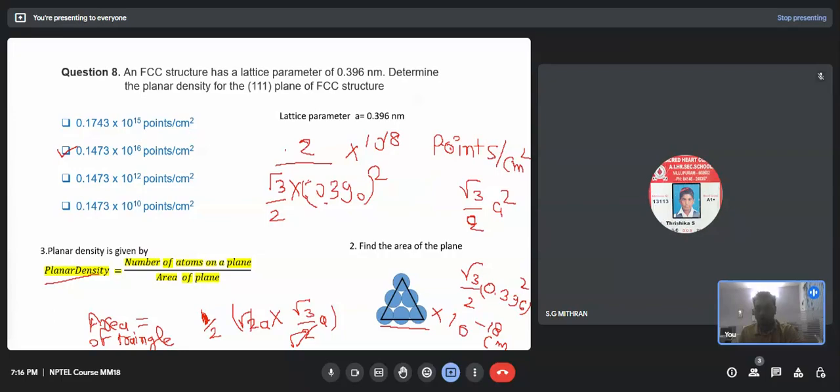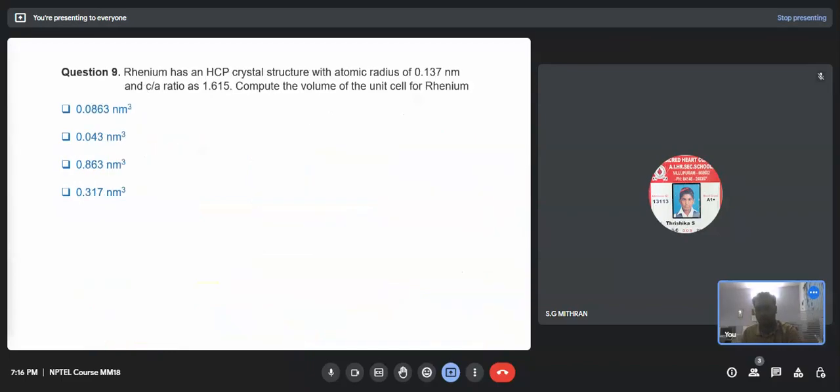Now we'll move toward the next question. Question is, a metal has HCP crystal structure with atomic radius of 0.137 nanometer and C by A ratio is 1.615. Compute the volume of the unit cell for rhenium.